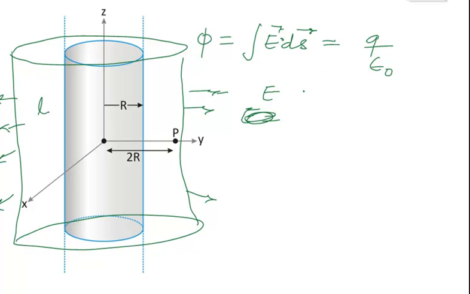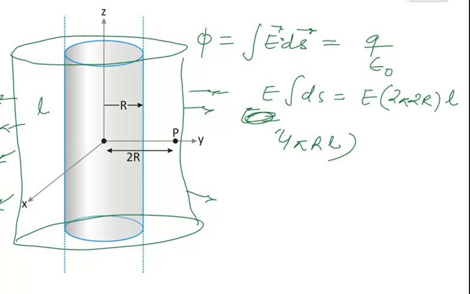And the integral of ds can be written as the total surface area, which is 2 pi times 2r into length L. So 4 pi rL is the total surface area, times the electric field is the flux.